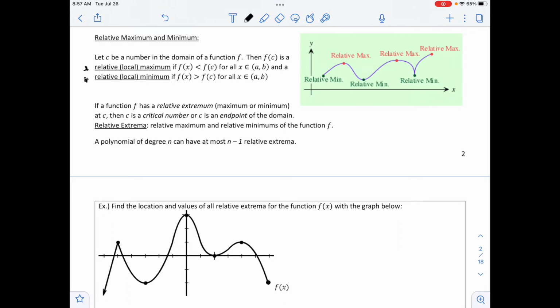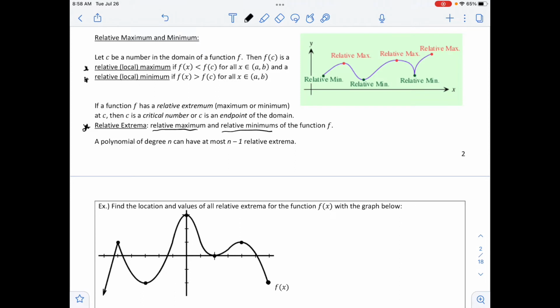Relative extrema, a relative maximum or relative minimum of the function f, and a polynomial of degree n can have at most n minus 1 relative extremas. And so a lot of the homework problems will ask to find the relative extrema, and that just means you need to find both the relative maximums and relative minimums of your function.